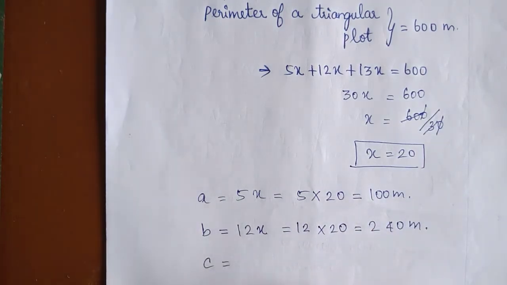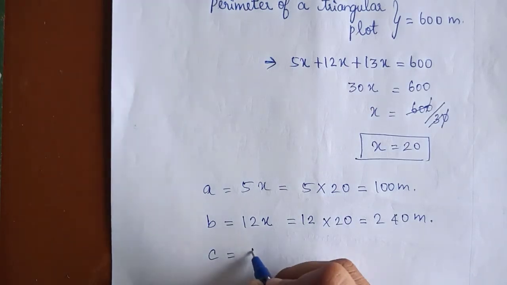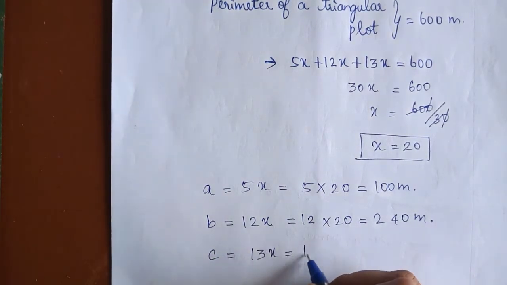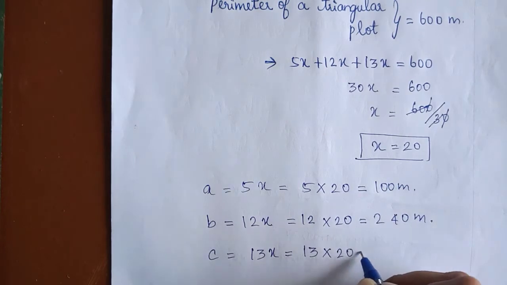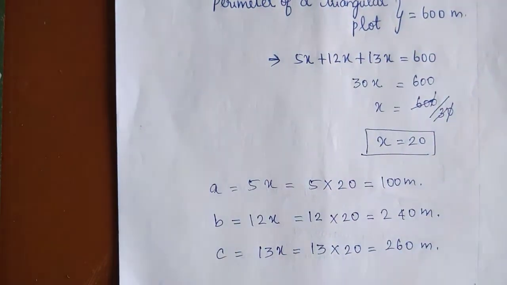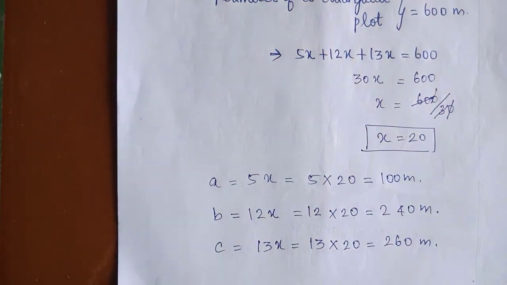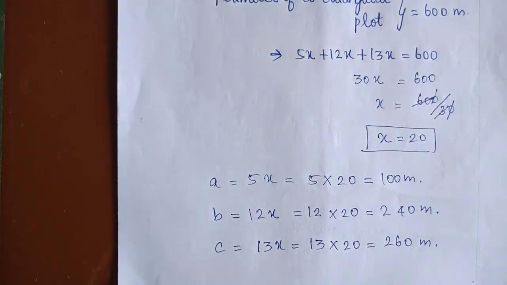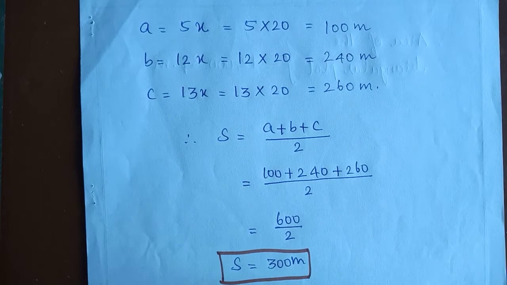Then the last third side is C is equal to 13x is equal to 13 into 20 is equal to 260 meter. Then you have to find the semi-perimeter S, because in the question they have given only the perimeter, so from that you have to find the semi-perimeter.